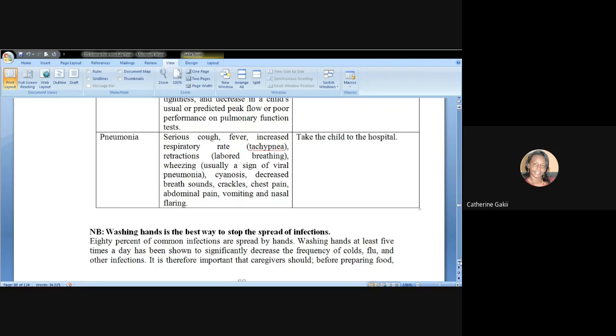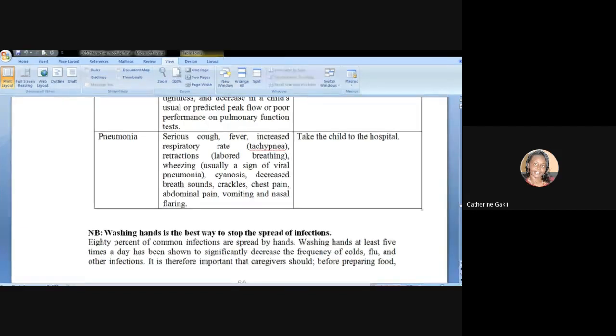Wheezing, that is a sign of viral pneumonia. Or noises from your chest. When you breathe in, you can feel your lungs producing some wheezing sound in the lungs, not now the nose, in the lungs. You can feel the same wheezing there. Breathing sounds are not there.